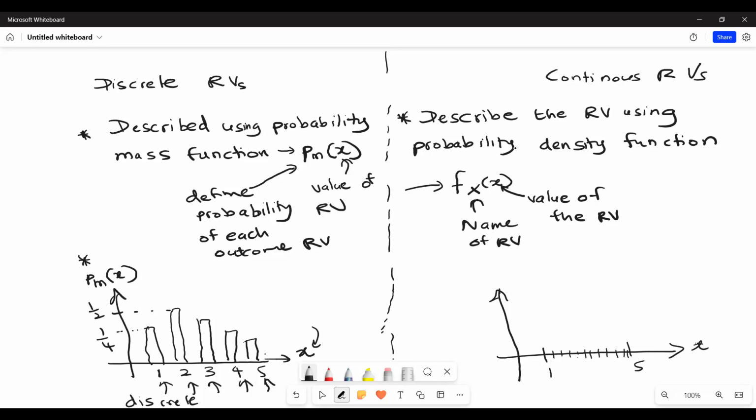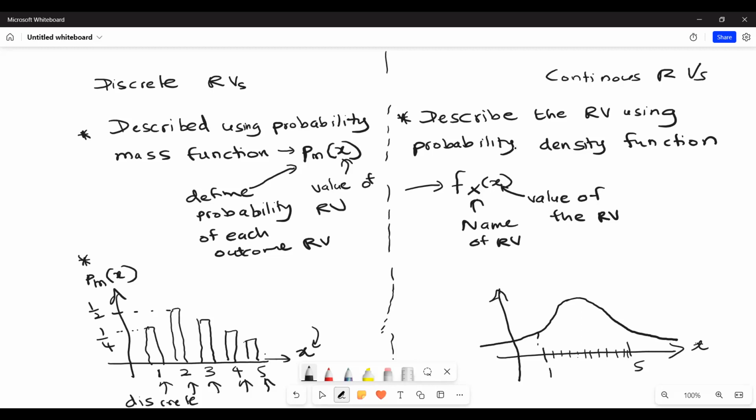So we define the probability of occurring as some kind of probability density function. The probability density function can take any shape. I will take this shape for the moment. It is a normal distribution shape.